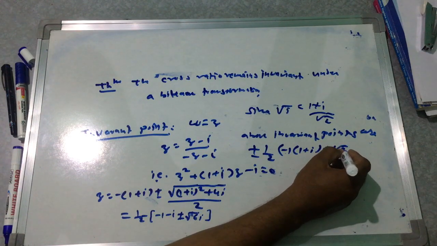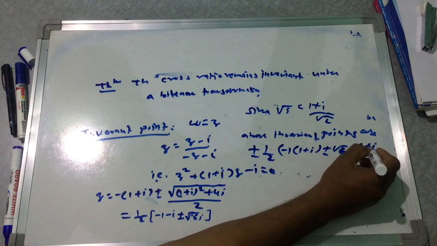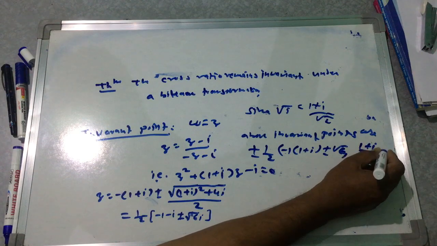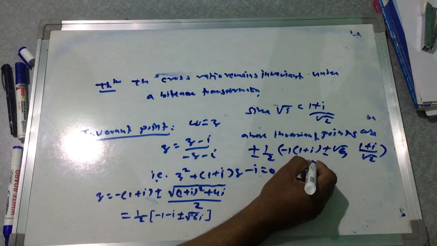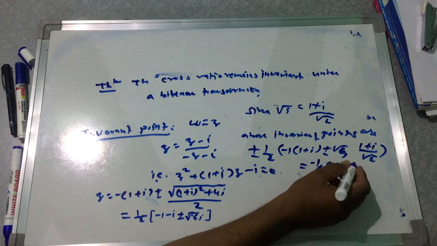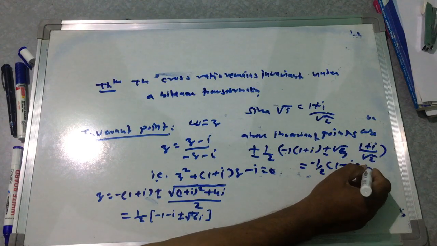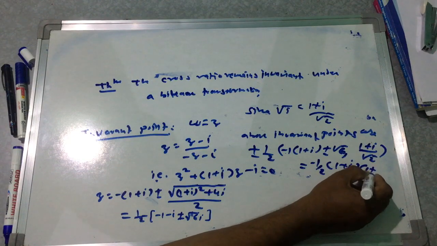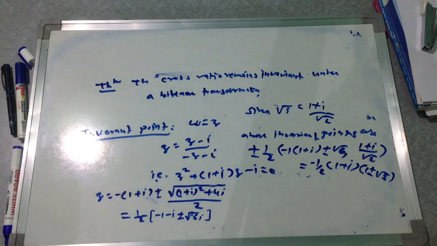One point is (1 plus I) upon root 2. This is equal to minus 1 by 2 into (1 plus I) into (1 plus or minus root 3). So this is the point. Clear?